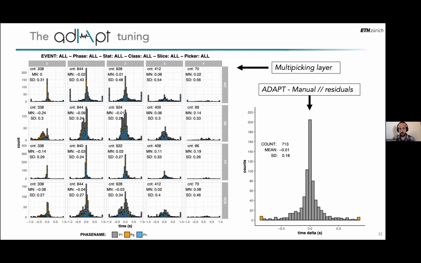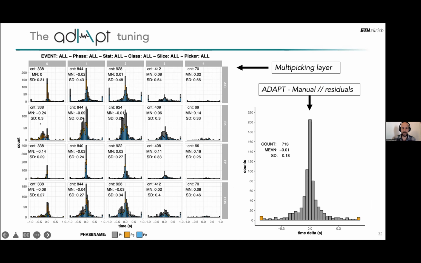Here is an example of what this means, and also to stress even more the reasoning for using a multiple picking algorithm. These are the results of the residuals on the left. You see this confusion matrix. These are the residuals of the multi-picking stage, where we have the automatic individual pickers compared with the manual observation.